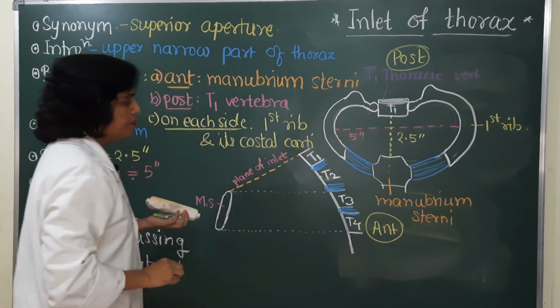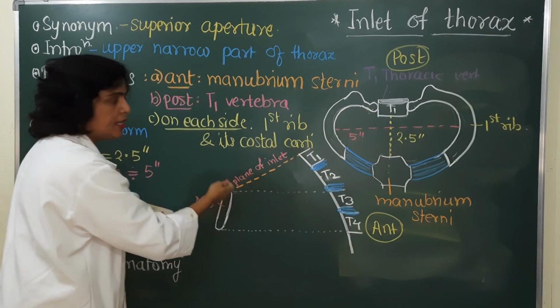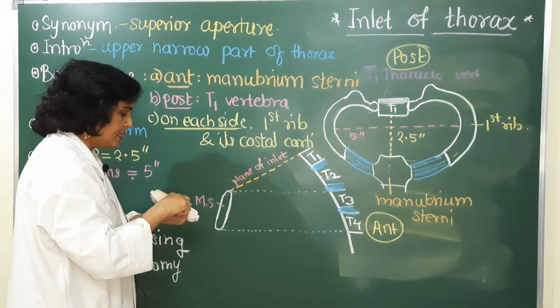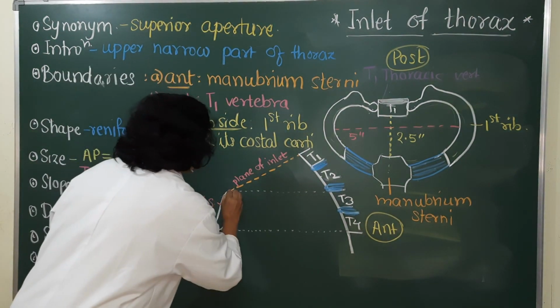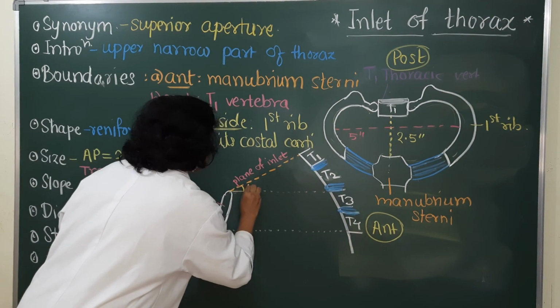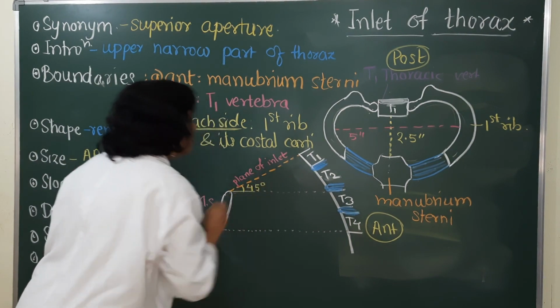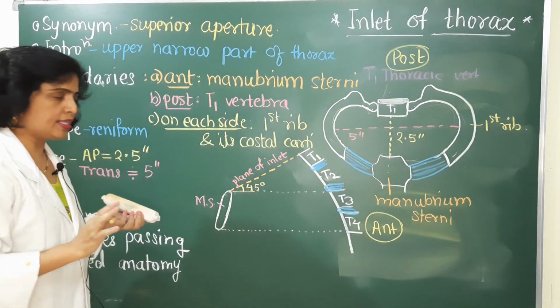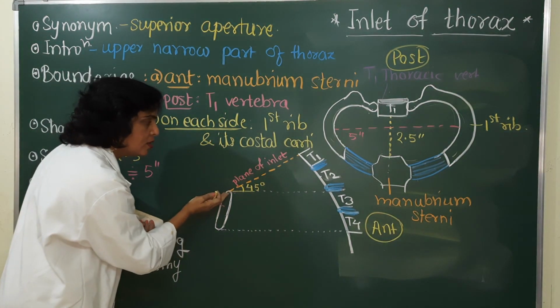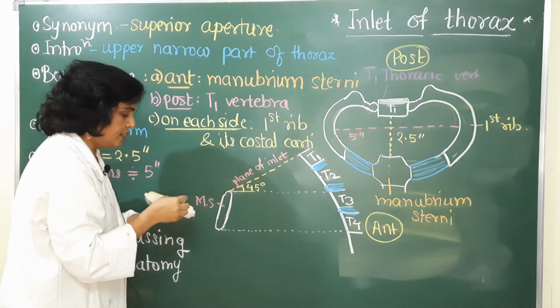Now if you see this plane of inlet, it makes an angle of 45 degrees with the horizontal in such a way that its anterior part is at a lower level than its posterior part.